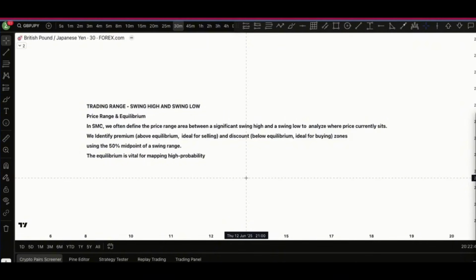Everyone wants to buy at a discount price. So whenever you are to take your buy, you have to make sure you take it at a discount zone, and when you are to sell, you sell at a premium zone.